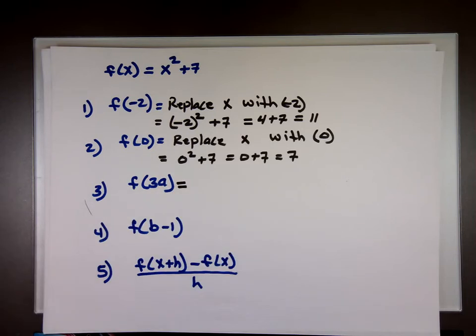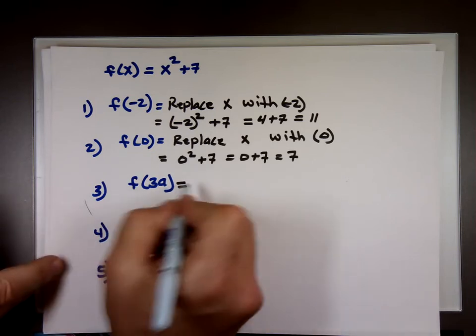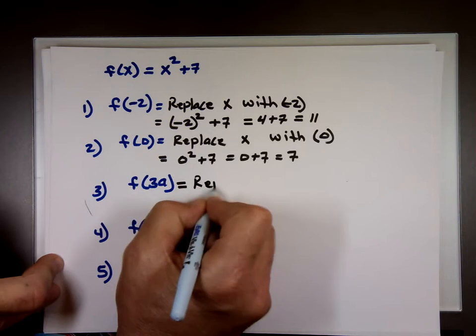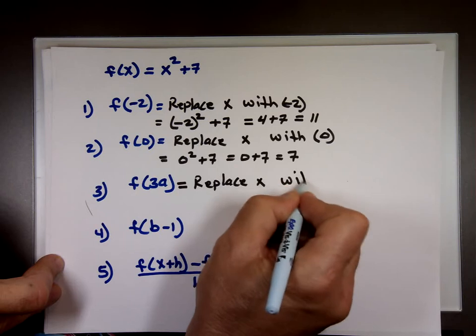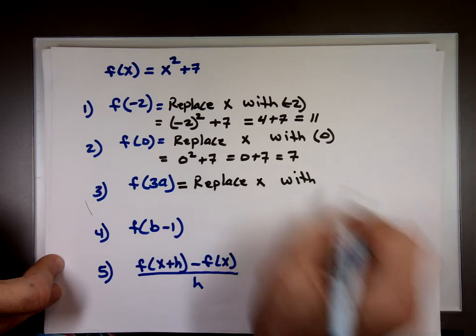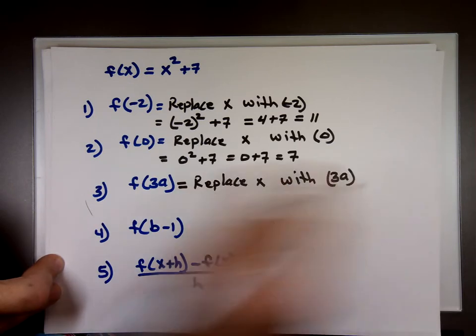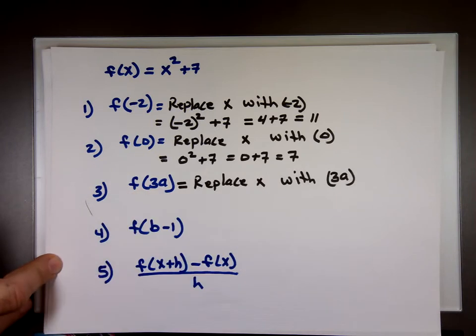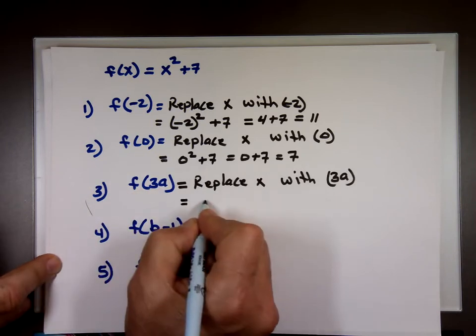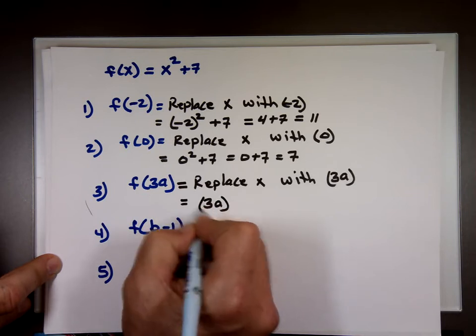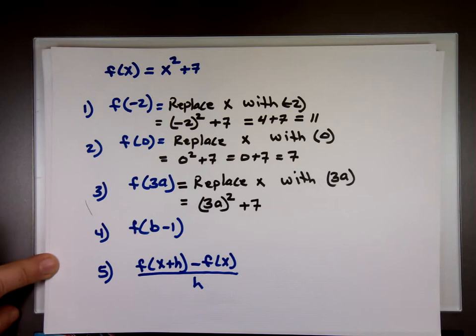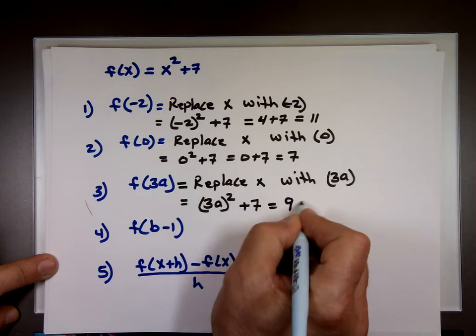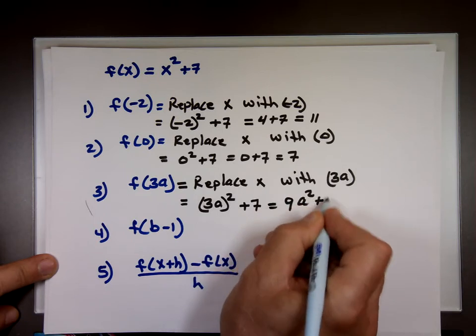What's f of 3a? Replace x with, what do you think? 3a. Whatever you see here, that's what you're replacing x by. So you're going to have 3a squared plus the 7. Isn't that 9a squared plus 7?